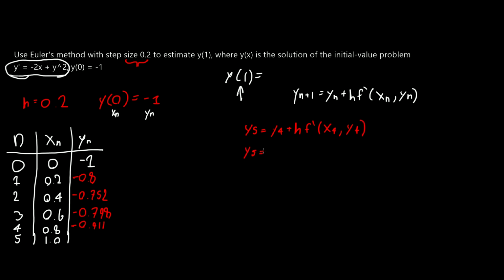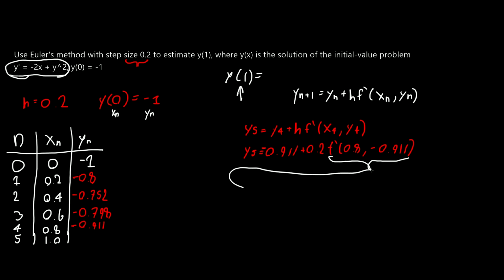So y sub 5 will equal y sub 4, which is negative 0.911, plus h, 0.2, multiplied by f prime of x sub 4, which is 0.8, and then y sub 4, which is negative 0.911. Then we're going to move to solving the f prime really fast, right over here.